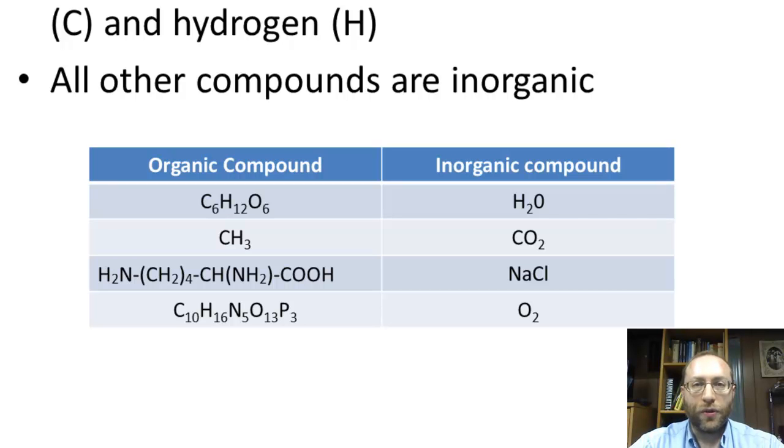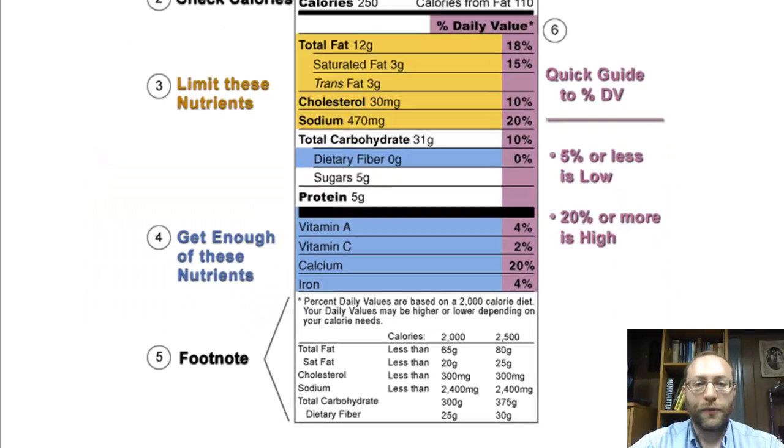And that is also organic, because you see it has 10 carbon atoms and 16 hydrogen atoms. And the last one, oxygen, O2, is inorganic because it has neither carbon nor hydrogen.